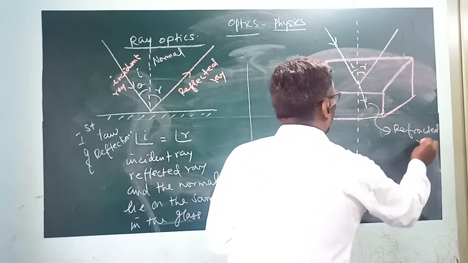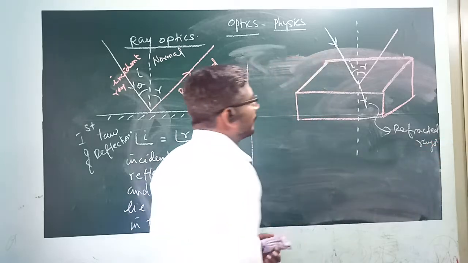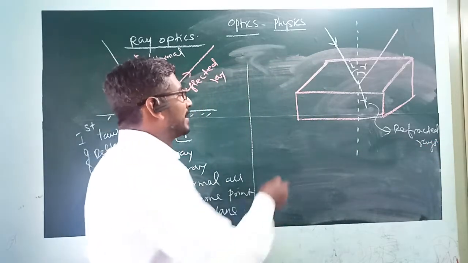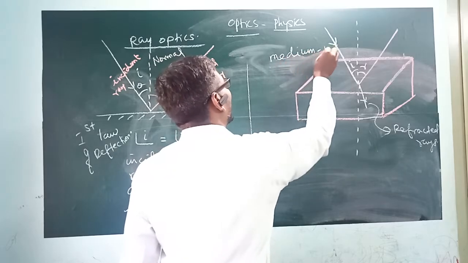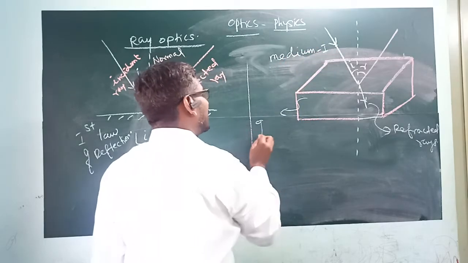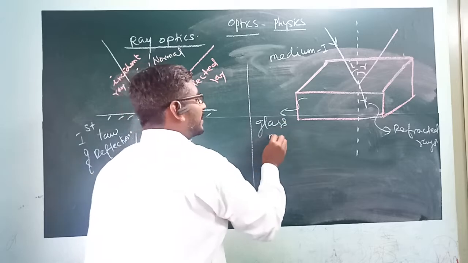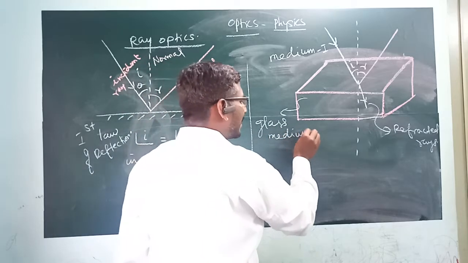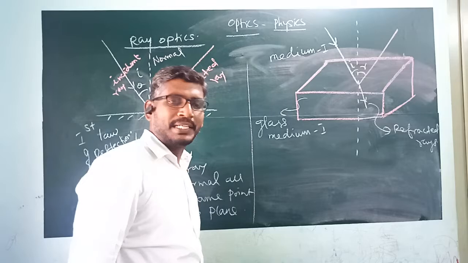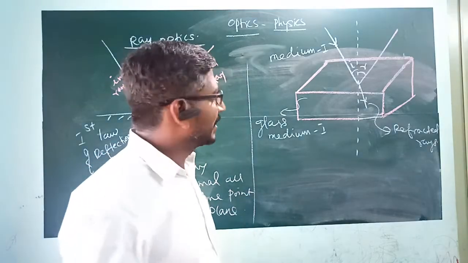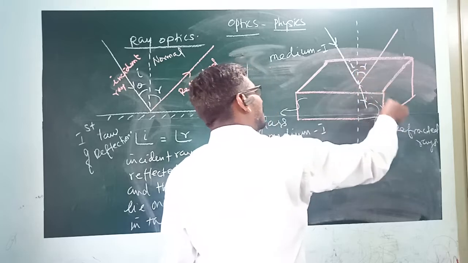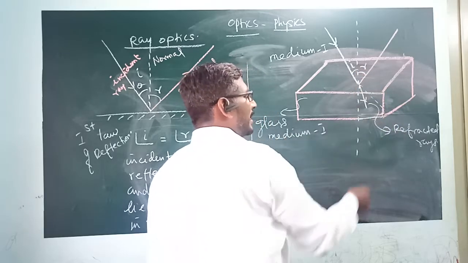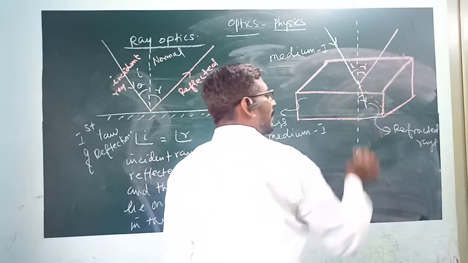So my incident ray is falling on a glass surface where there is a separation of medium 1 and medium 2. Medium 1 is my air medium and this is my glass medium, which I can say is medium 2. Whenever light travels from one medium to another, there is a change in the direction of the path. See here, it is supposed to travel like this, but the light did not travel in this direction, it gets deviated. This angle we call the angle of refraction.